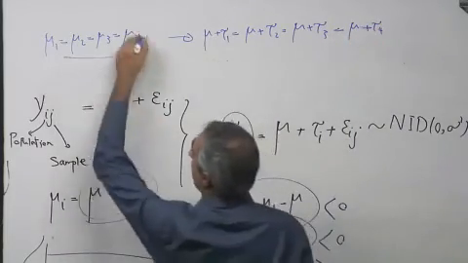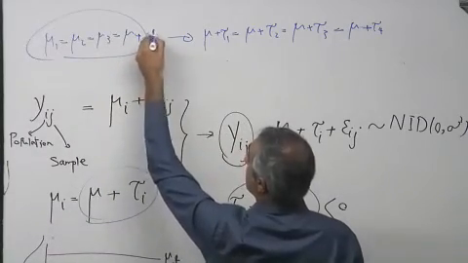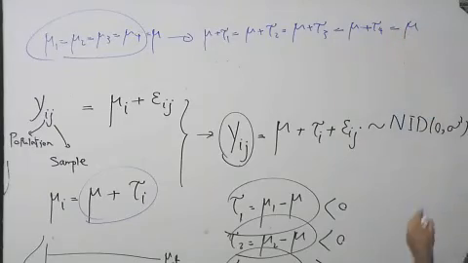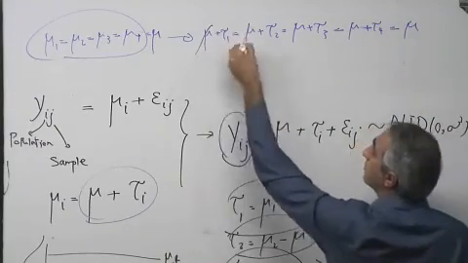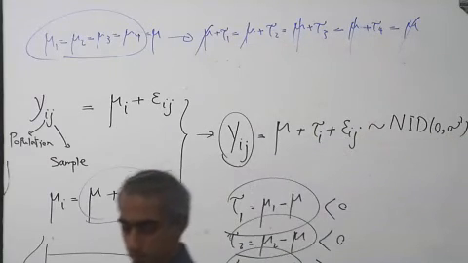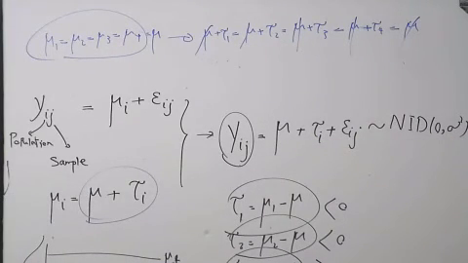So basically, when they are all equal, they are the same as the overall mean, equal to mu. Then subtract mu. All of them become 0. That's simple. Okay? Any questions?